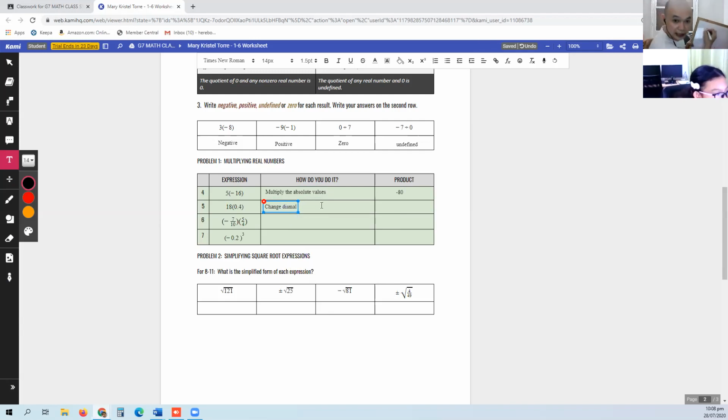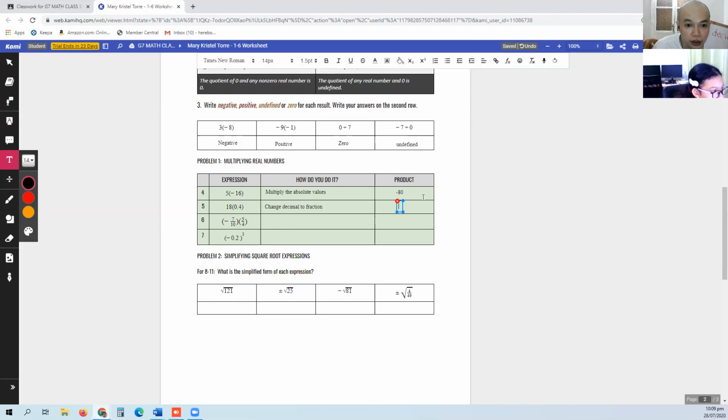Decimal. No, not that spelling. This one. Okay. Decimal. Change decimal to fraction. Okay, so what will be the result?